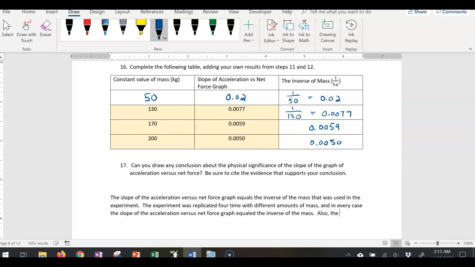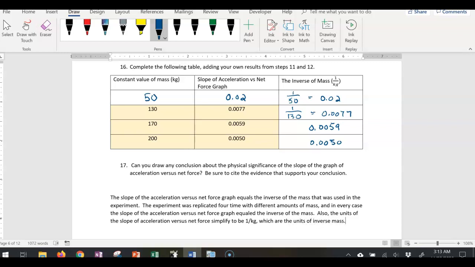Also, the units of the slope of acceleration versus net force simplify to be 1 over kilogram, which are the units of inverse mass.